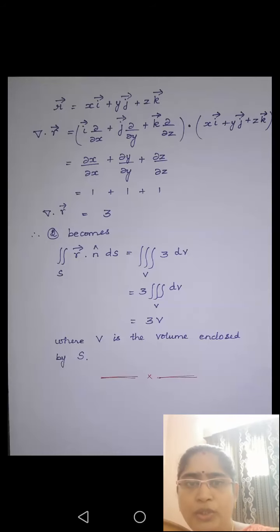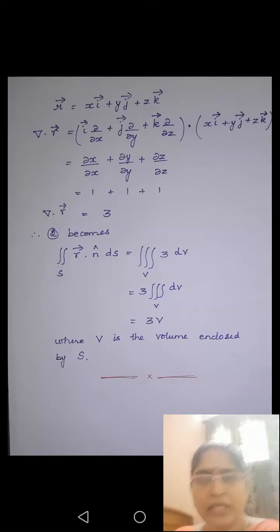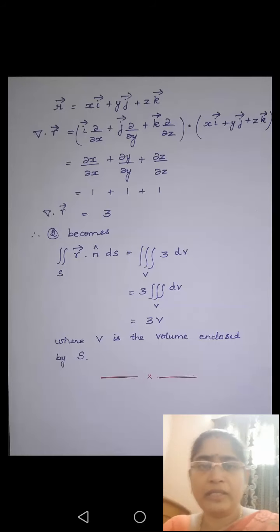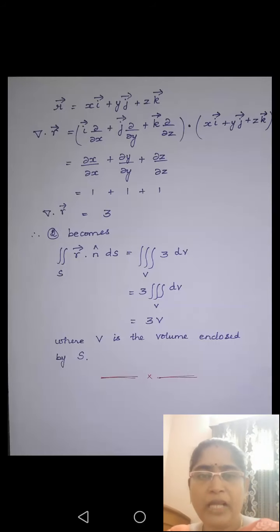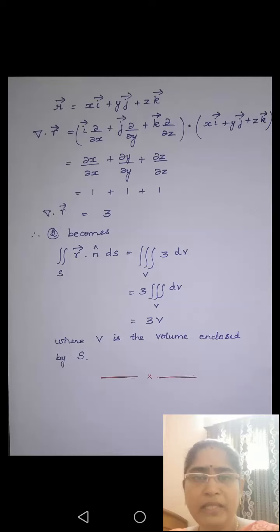Therefore, equation 2 becomes double integral over S r vector dot n cap into ds is equal to triple integral over V. The value of del dot r is 3, therefore 3 into dv. 3 is a constant, take it outside the integral.